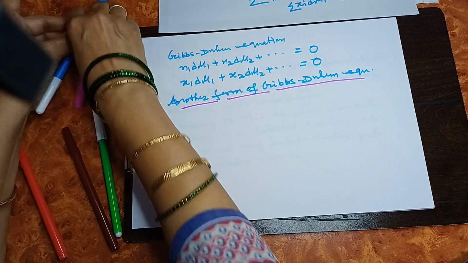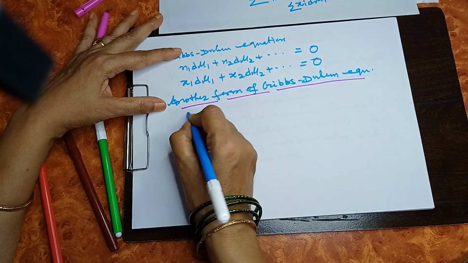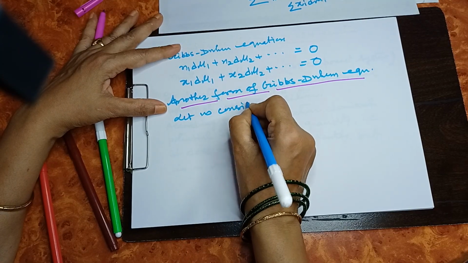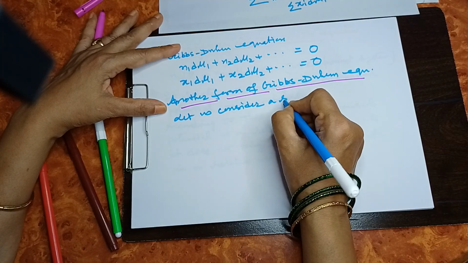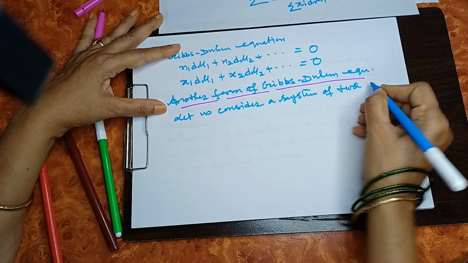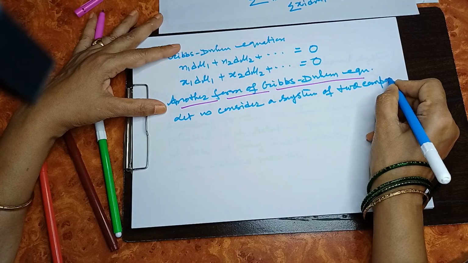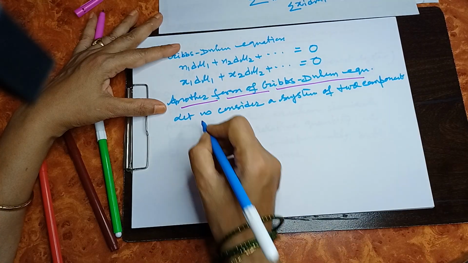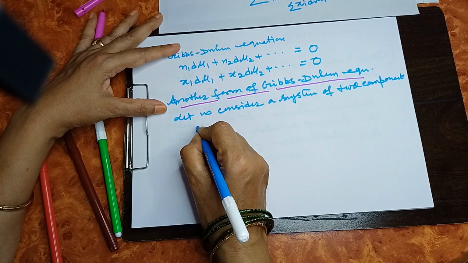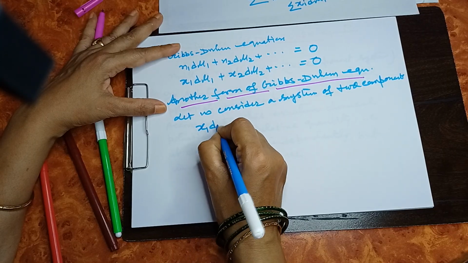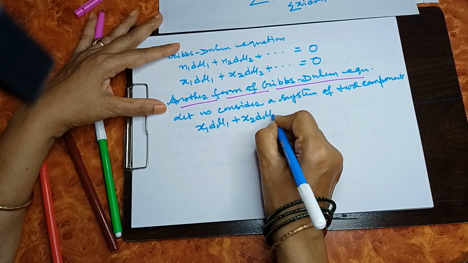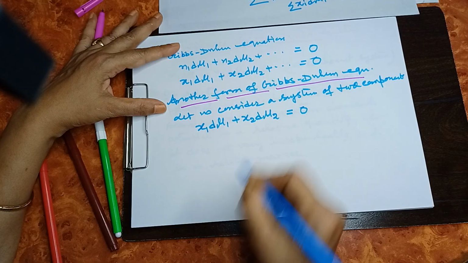Now let us consider a system of two components. Then what can I write for the Gibbs-Duhem equation? Either this one or this one. Say I am writing this one in terms of mole fraction. So I can write x1 d mu1 plus x2 d mu2, only two components, is equal to 0.